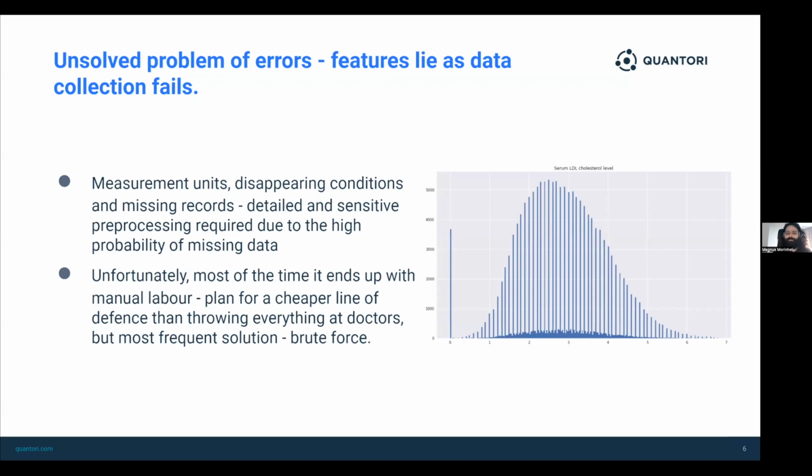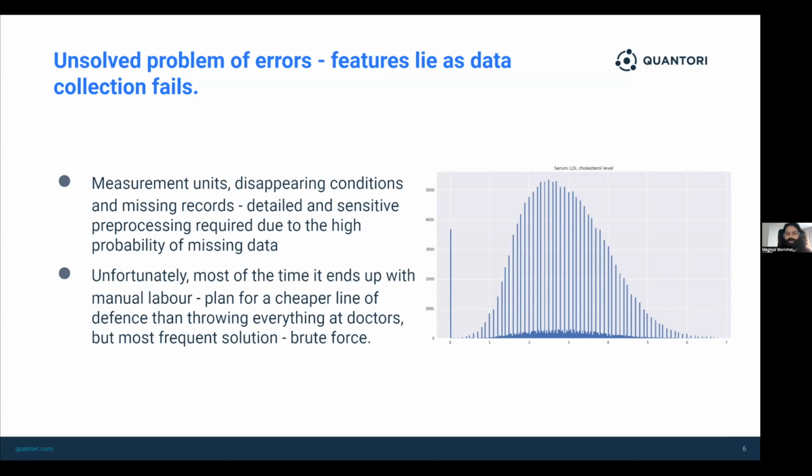So many problems like measurement units could be off. They could be just in very different scales. There might be disappearing conditions. So sometimes you have diabetes and the next day you don't. What does it even mean? And the missing records, sometimes you're going to a different country, you're getting your records somewhere else, and you're just suddenly getting some kind of a disease. Who knows why and how to predict that?